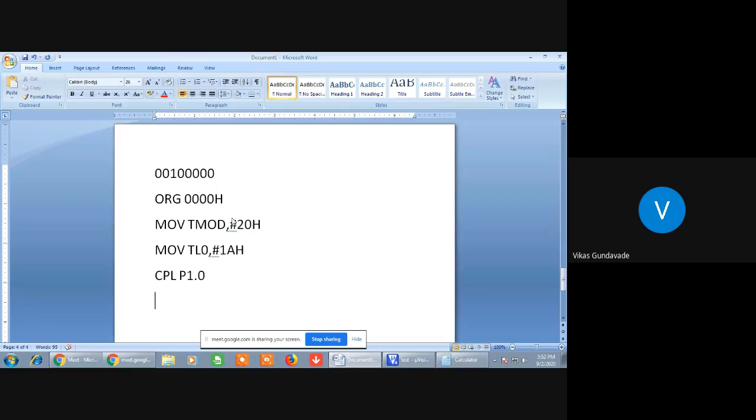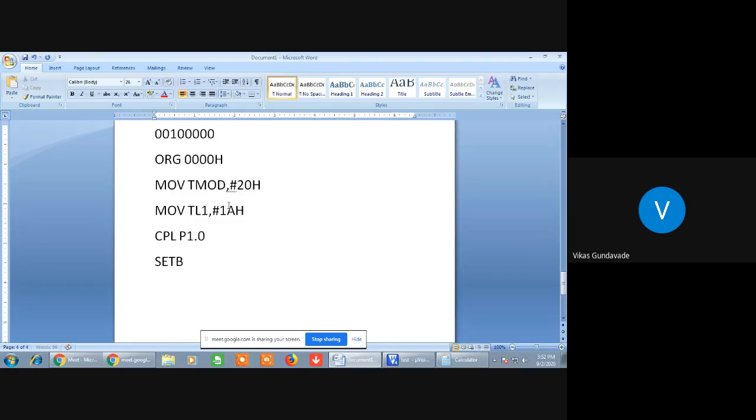Okay. Then SETB. Now see here, one more thing. We need to use TL1 here because we are using timer 1. Here also SETB. Now we need to start timer 1. So it will be SETB TR1 and we will check the status of which bit?